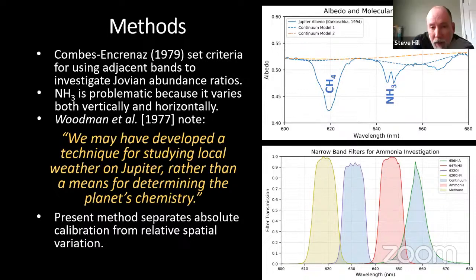I'd probably have to create a linear combination model to extract the strength of each one, which I'm kind of on the verge of doing, but I haven't yet. And the longer wavelengths do have the advantage of greatly reduced Rayleigh scattering, which is an effect that contributes a lot to the reflected light, even in the red. But when you go to the infrared, it goes down even more.